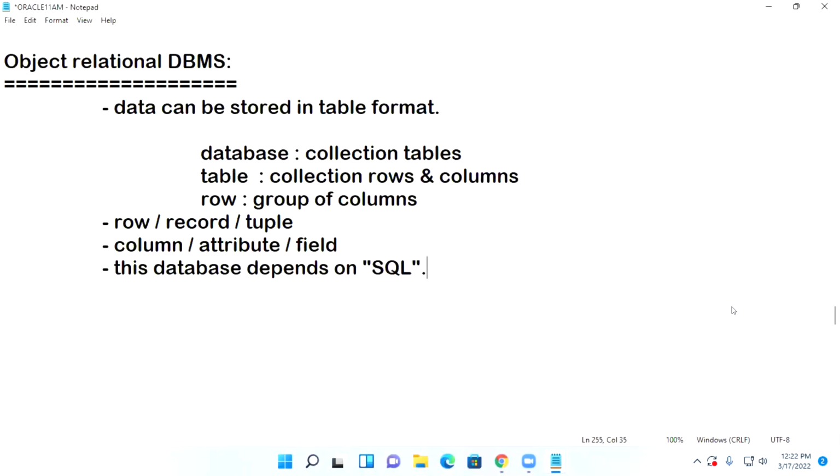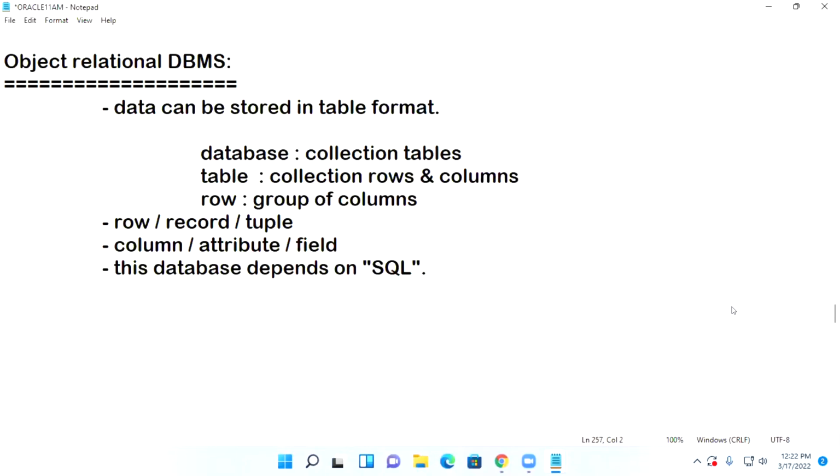Object relational databases always depend on the SQL language. Without SQL knowledge, you can't handle them, so compulsorily we need SQL. That's why it is called a purely SQL-dependent database. Understand now? Yes or no?